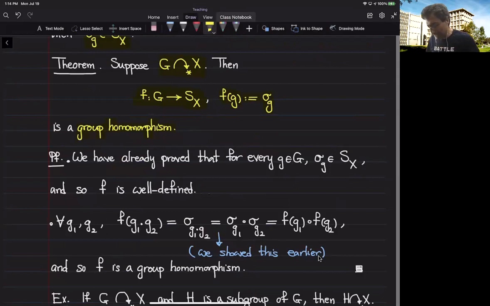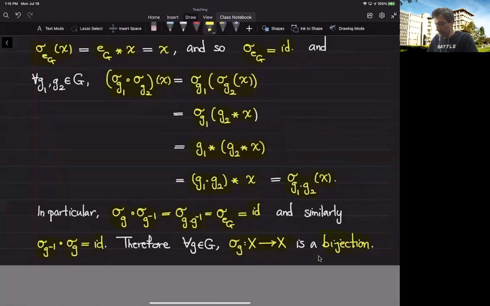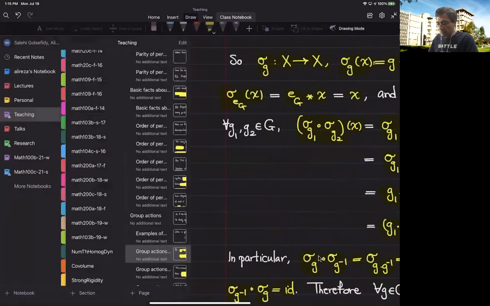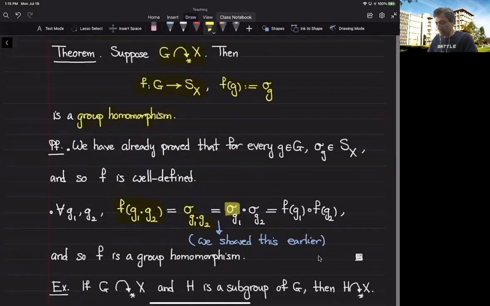Okay, let's see why this is the case. f of g1 dot g2, by definition, is sigma of g1 dot g2. But remember, we have already proved that sigma of g1 dot g2 is the composite of sigma of g1 and sigma of g2.